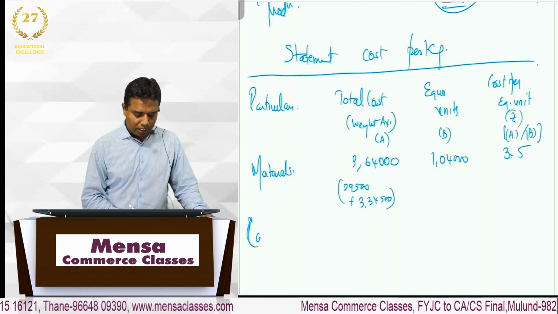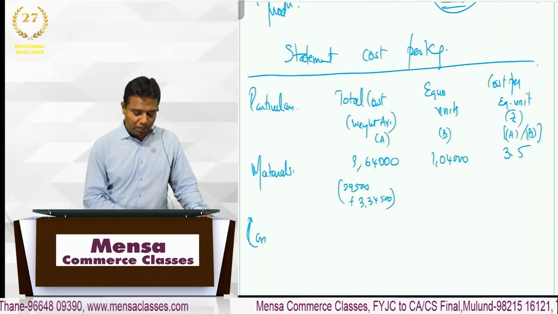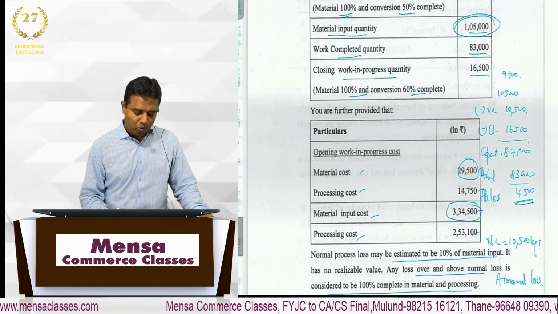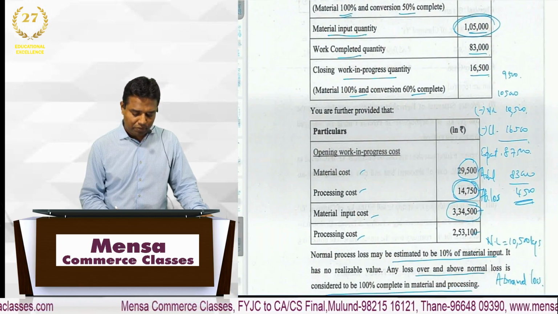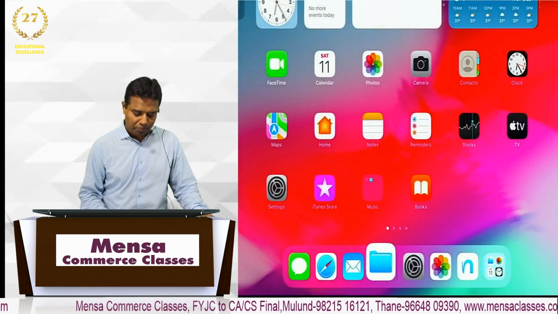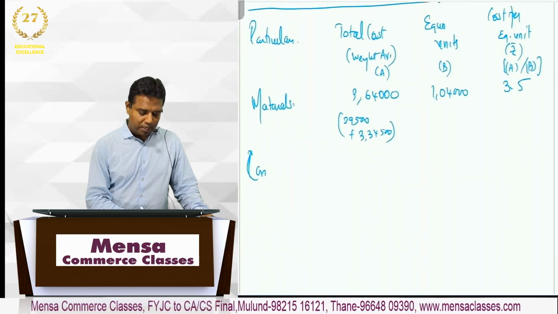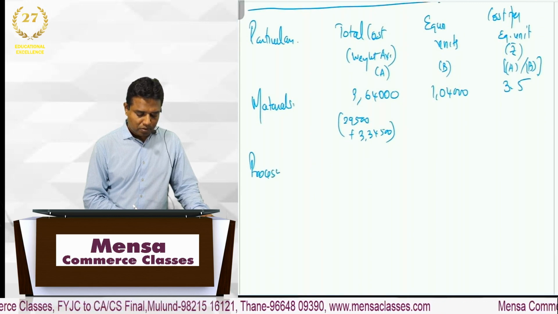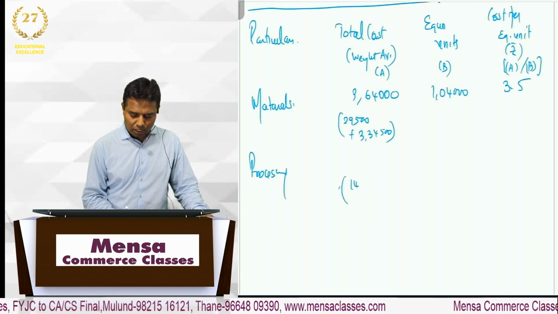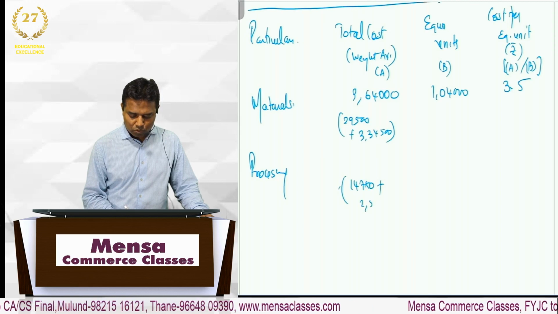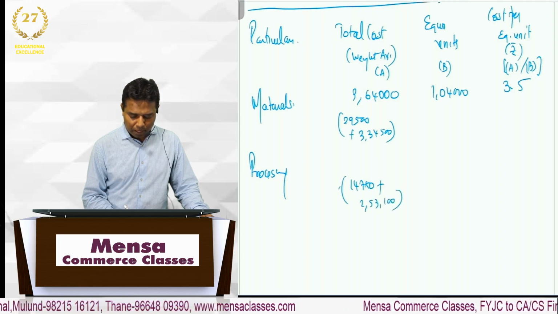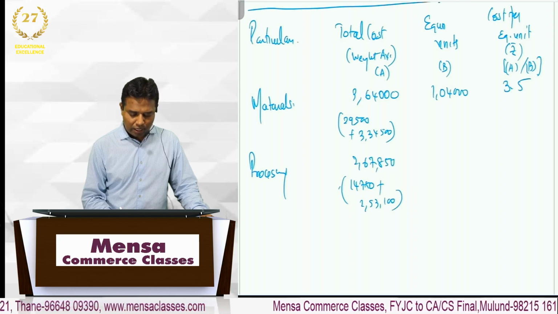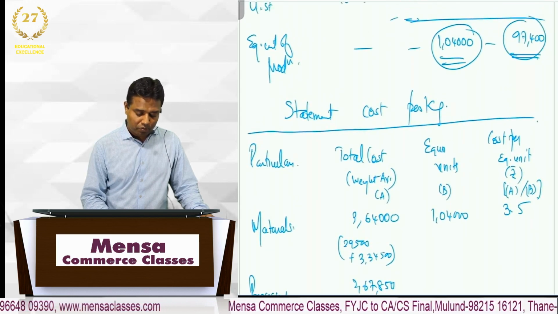Then the next is conversion cost that we have. So conversion cost or the processing cost, opening stock, it is 14,750 and here is 2,53,100. So we'll call it the processing cost, that is 14,750 plus 2,53,100, that will come to 2,67,850, and equivalent units we have is 97,400.